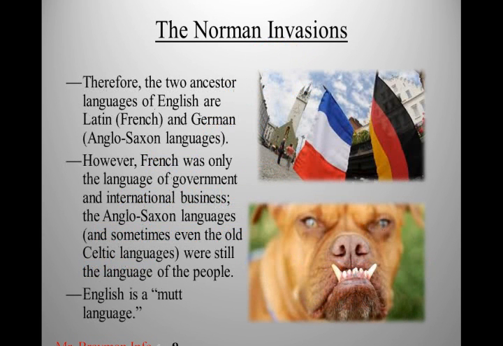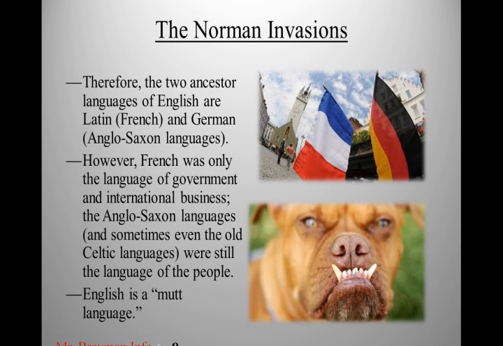And so therefore the two ancestor languages of English are Latin by way of French and German by way of the Anglo-Saxon languages. Again, however, French was only the language of government and international business. The Anglo-Saxon languages, and even sometimes the old Celtic languages, were still the languages of the people, and then you have Latin as the language of the church, and all this mixes together to create English, right?